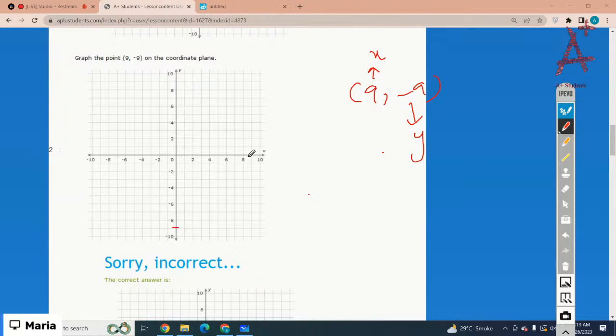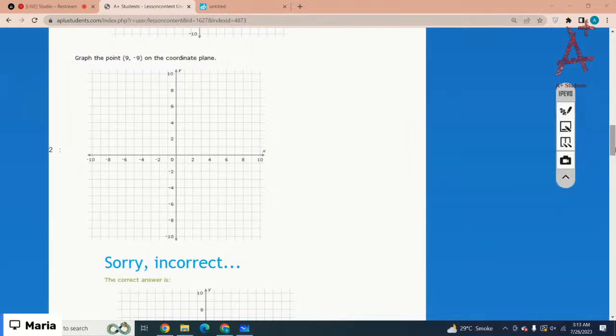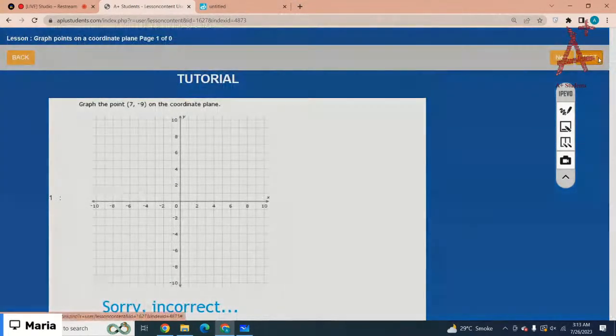X is 9. 9 is between 8 and 10. That means this is 9. So it would be here. This is the point of intersection of 9 and -9. So this is the point 9 and -9, right? Just be careful, look at the points carefully, then draw the points on the coordinates.